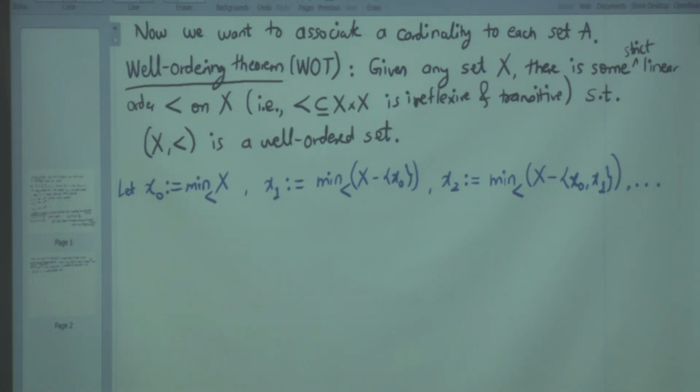So x0 and x1, then I will continue doing this. Maybe I have an infinite set and I have exhausted all x0, x1, x2 up to xn for each n. Then what next can I do? I can define x omega to be the minimum of X minus the collection of xn where n is less than omega.